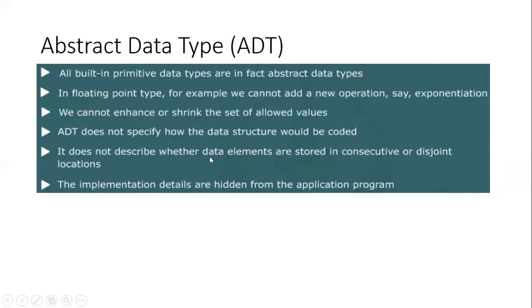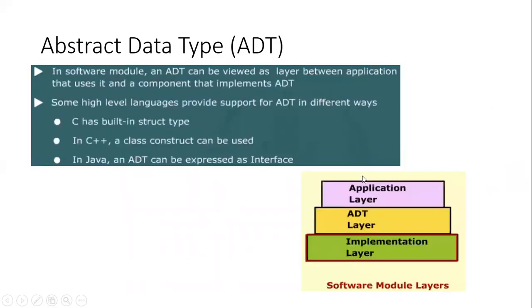They do not describe whether the data elements are stored in consecutive or disjoint locations. The implementation details are hidden from the application program. In a software module, an abstract data type can be viewed as a layer between the application that uses it and the component that implements it.